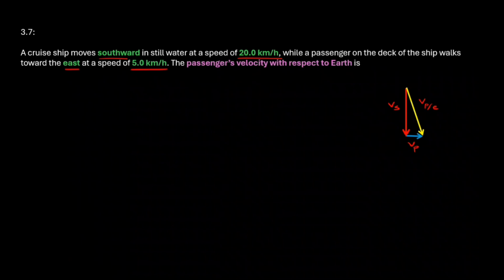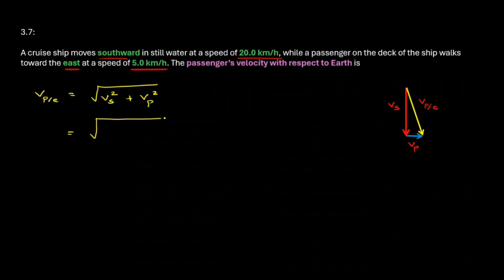By looking at this vector diagram, we understand that the two velocity vectors, velocity of ship and velocity of passenger, are perpendicular to each other. And we can find the resultant of two perpendicular vectors by using Pythagorean theorem. So I find velocity of passenger with respect to Earth equals square root of velocity of ship squared plus velocity of passenger on the ship squared.